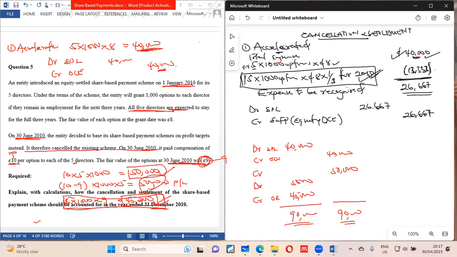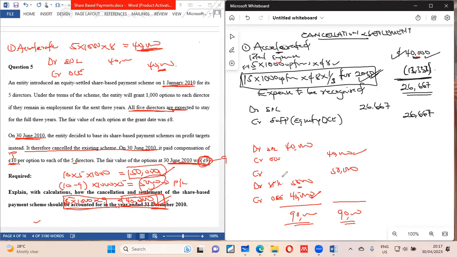So you do that. You deduct it from equity, OCE, and this is it. This is what we've done. You are deducting OCE. Step three, any excess payment is treated as P&L. So what is the excess? They pay 10,000 instead of paying the 9 at the cancellation, and the excess is 5,000. So you debit that one to the P&L.